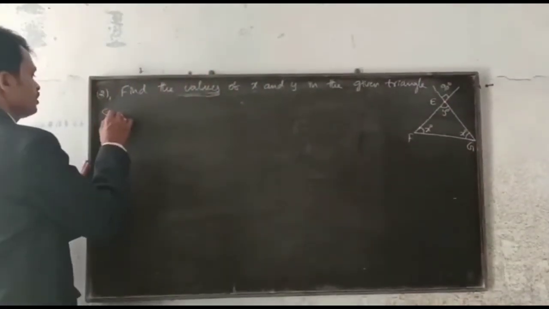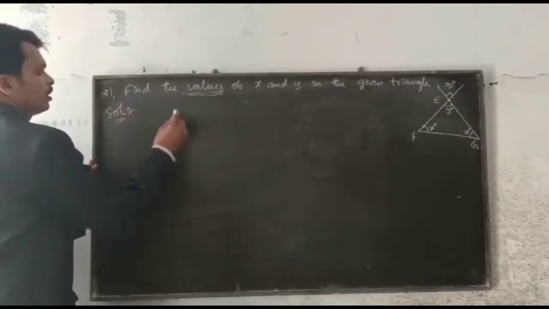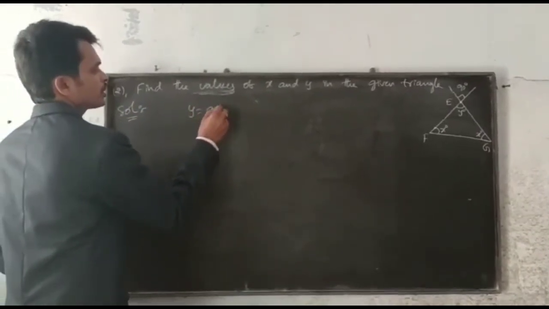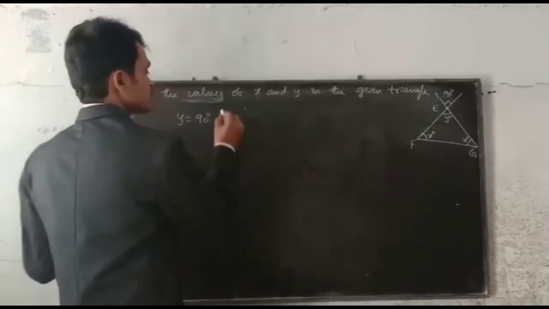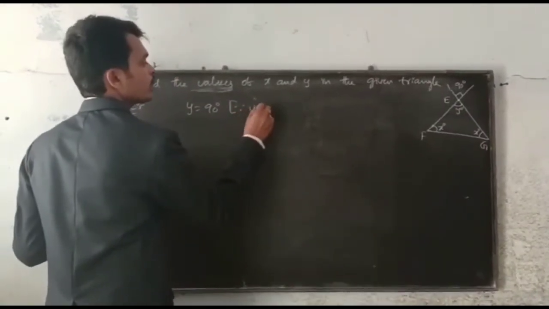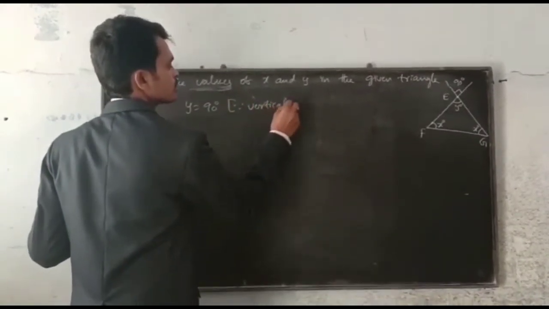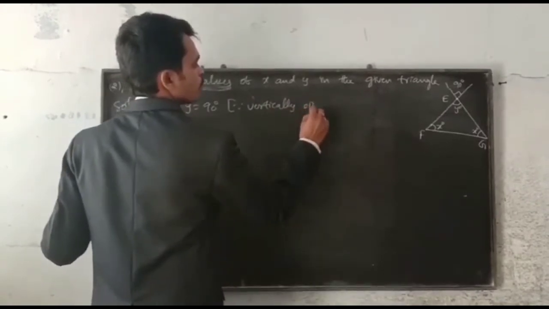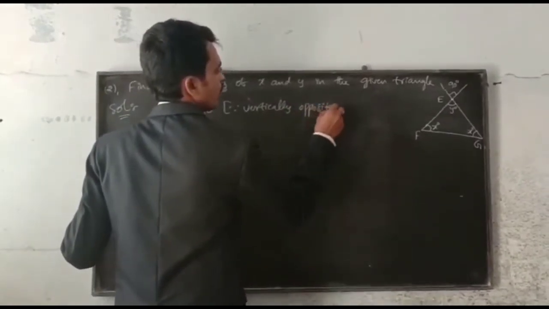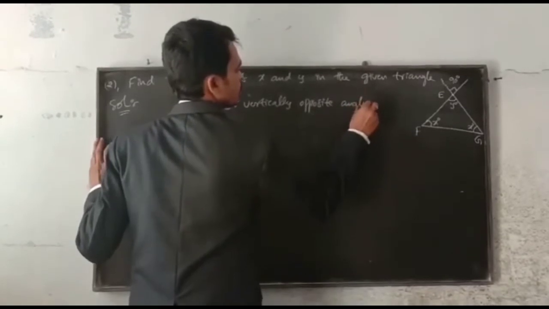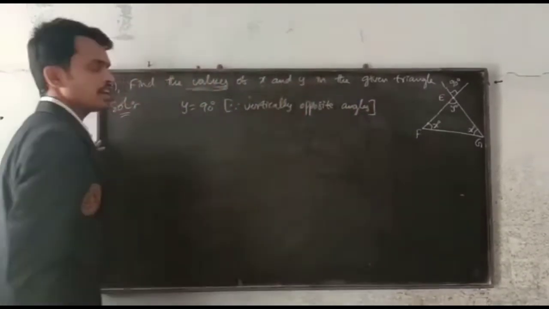So here solution, y is equal to 90 degrees, since vertically opposite angles are equal. So angle y is equal to 90 degrees.